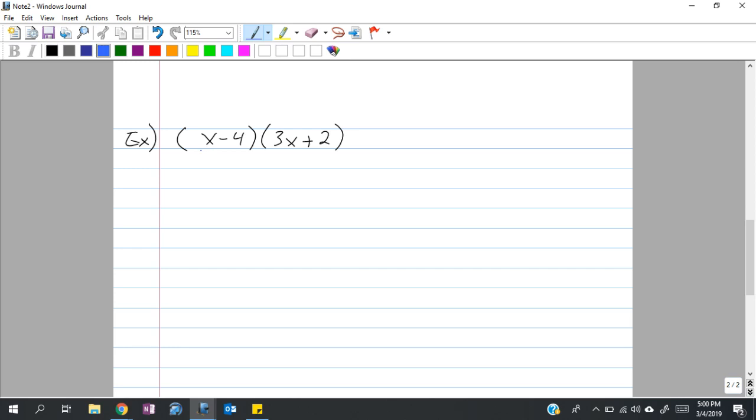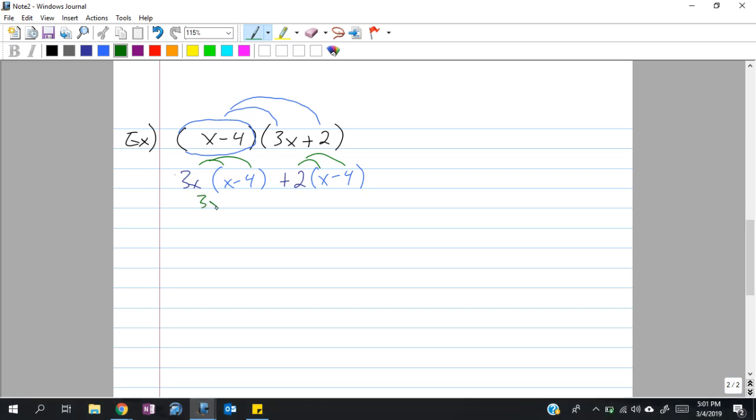So check this out. So here we have x minus 4 times 3x plus 2. I'm going to take this whole first term and distribute it to each one of these things. Right? So it's going to be 3x times x minus 4 plus 2 times x minus 4. We're going to distribute.